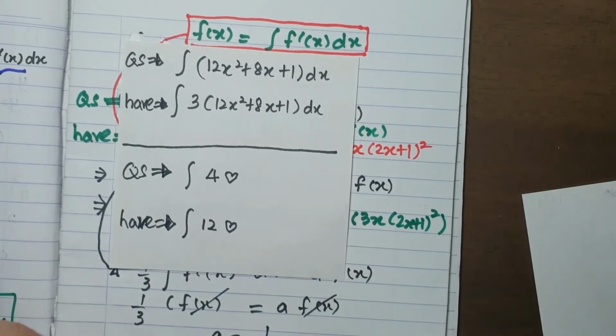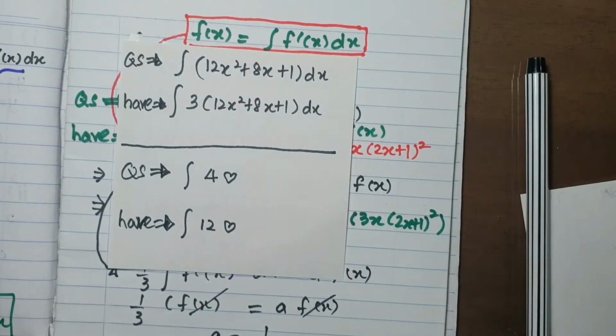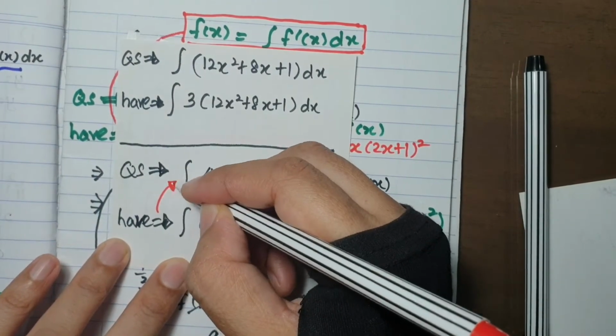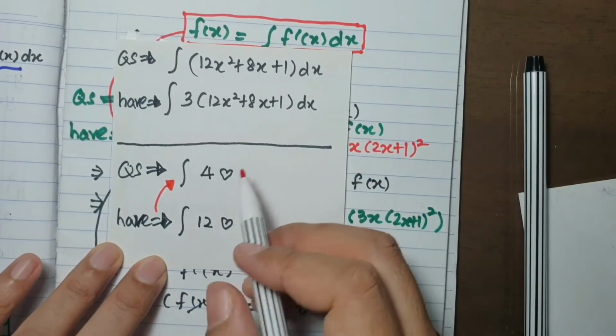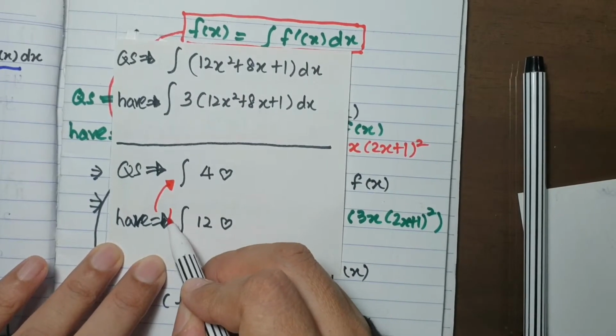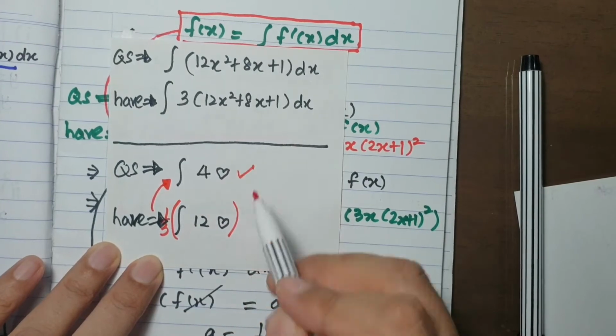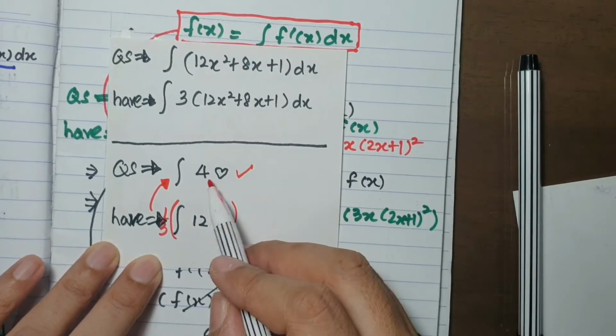So how to make 12 apples become 4 apples? So of course we need to times 1/3. Then you will get this. 1/3 times 12 is 4 apples, right?